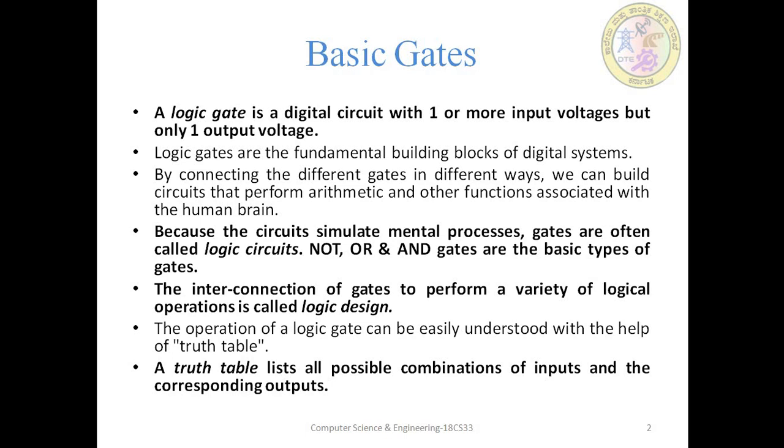The interconnection of gates to perform a variety of logical operations is called logic design, and the representation of output against the input is done in a table called a truth table. This truth table has all the possible combinations of the inputs and corresponding outputs.